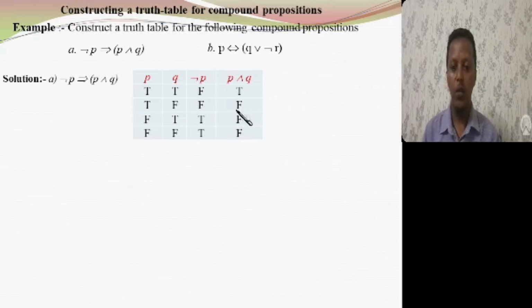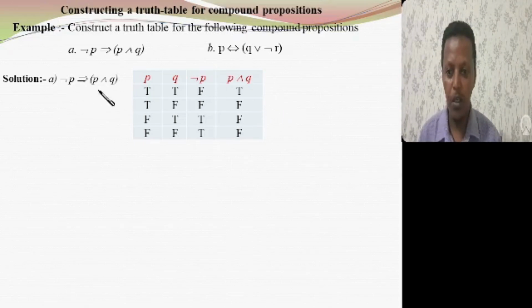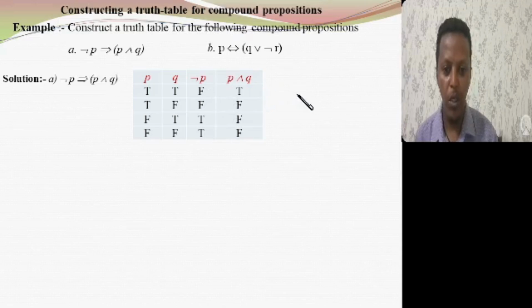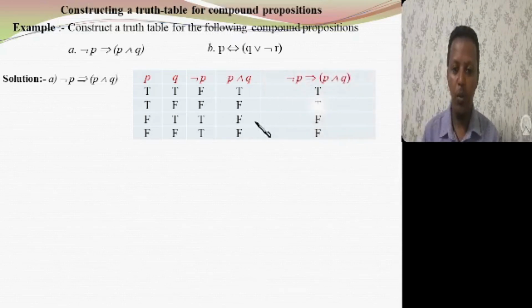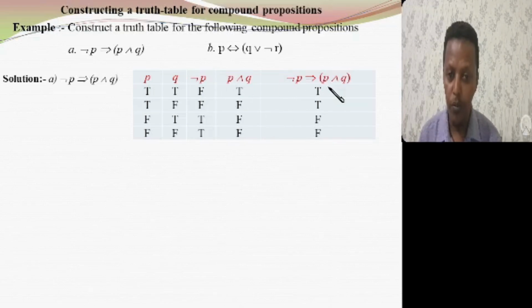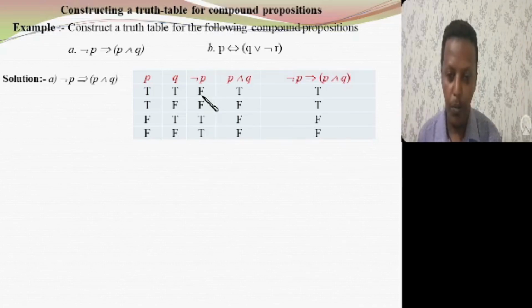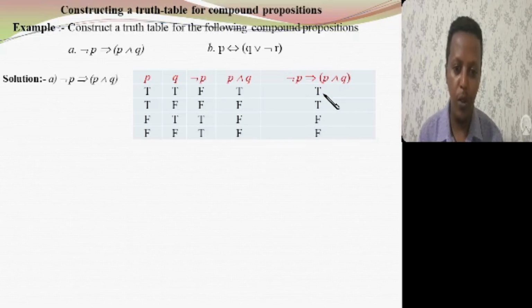So the fourth column is for conjunction. Now the last column for implication, that means we are going to imply from negation P to P and Q. From negation P, the third column, to the fourth column. We combine the third and the fourth column based on implication. Now remember the rule of implication. False implies true is true.